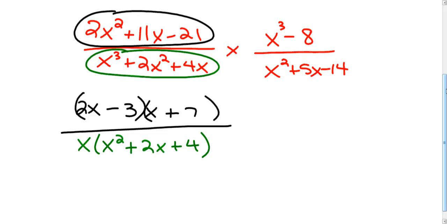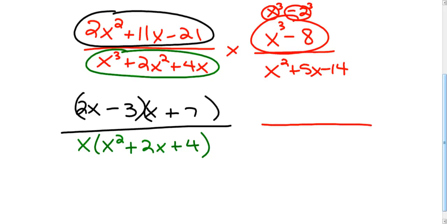Then I will take this. This is a difference of cubes. So this is obviously x cubed minus 2 cubed. Your a is your x and your b is your 2. So here we go, this is how this factors. It factors as a minus b, so that's x minus 2.